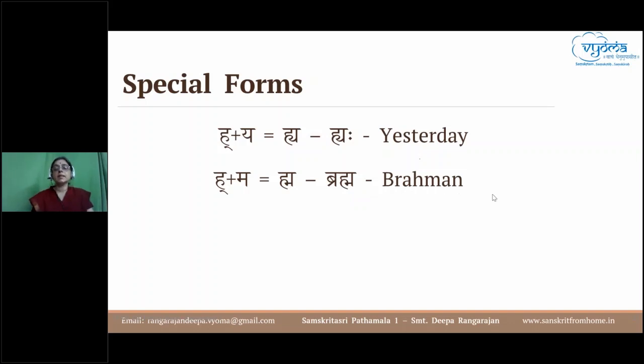Yes, dukkham has the jihvamuliya. Very good. It is Brahman. The spelling is bakara, repha, hakara, makara, but the pronunciation is makara first, Brahma. So makara first, then the hakara. The spelling has not changed. That's the only place where the pronunciation is different from the spelling.